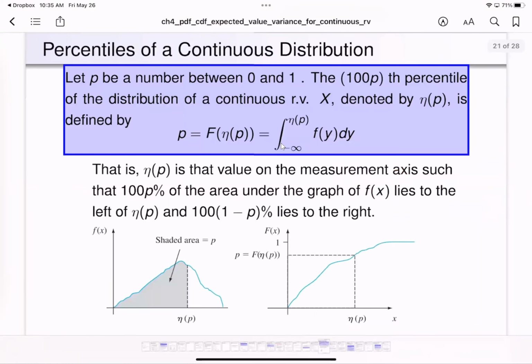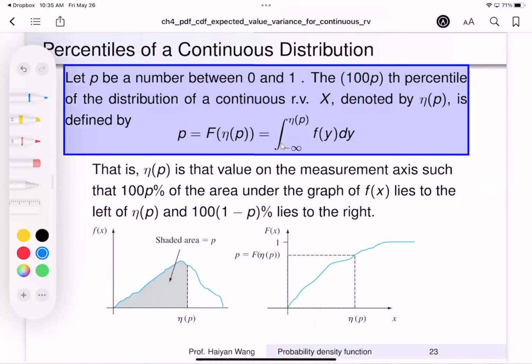The next concept is the percentiles of a continuous distribution. A percentile is defined as the value such that the probability to the left of it is equal to a given probability. The 100P-th percentile is the value such that when you integrate from negative infinity to this value, it gives us P as the probability.